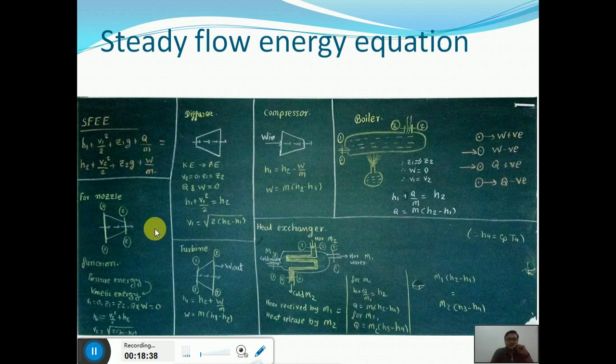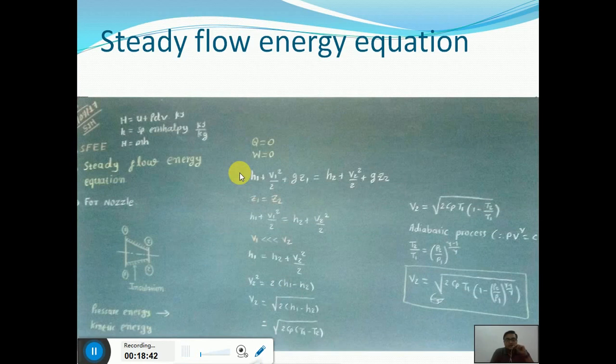This can be extended up to under root 2 times Cp T1 times (1 minus (P2 by P1) raised to (gamma minus 1) upon gamma). Sometimes in the GTU this will be asked in this manner. So if you want to familiarize yourself with this derivation, then please pause this video and go through it.